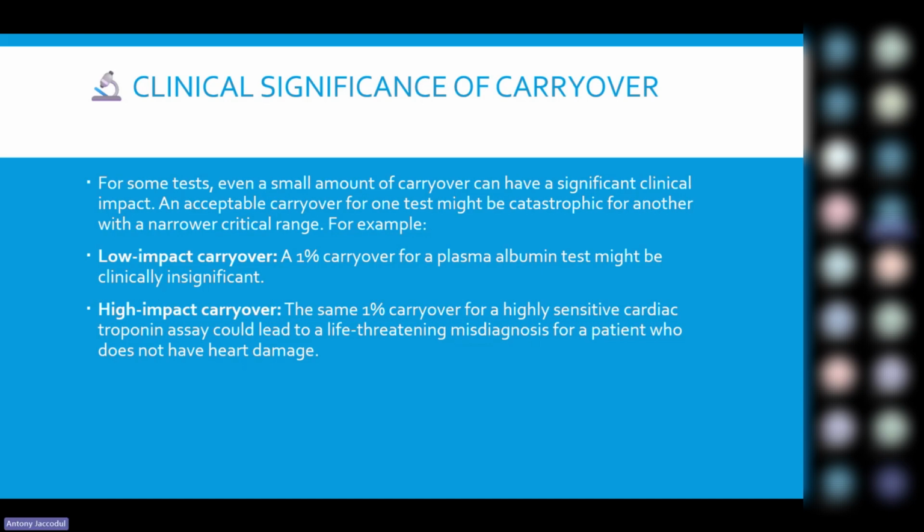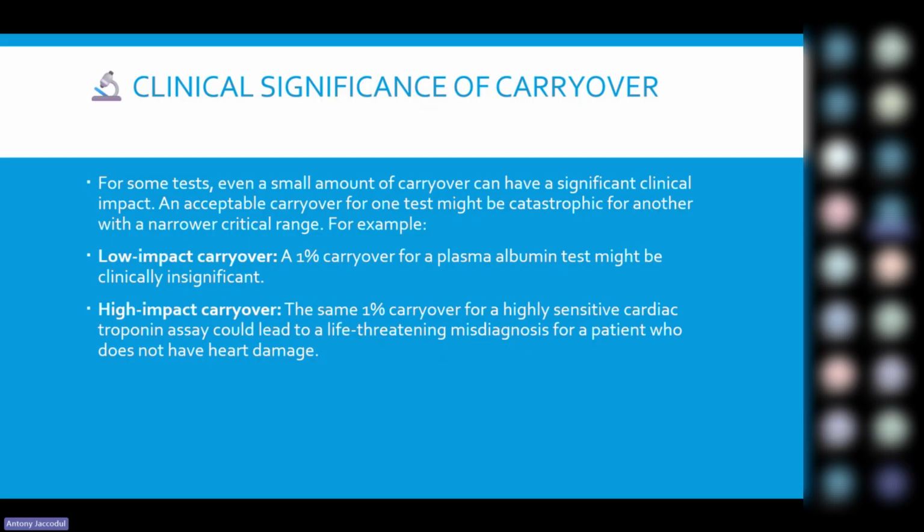Some of the high impact carryovers: the same 1% carryover for a high sensitive cardiac marker like a troponin assay can lead to life-threatening misdiagnosis for patients who do not have heart damage.